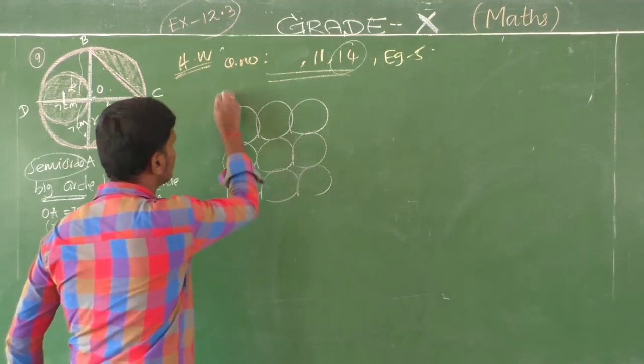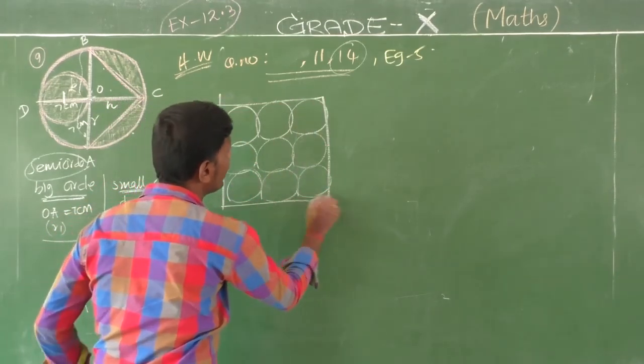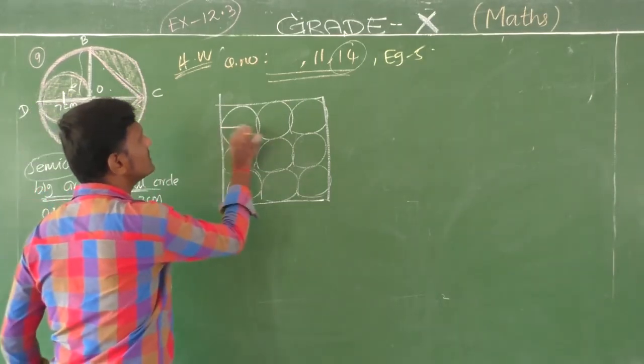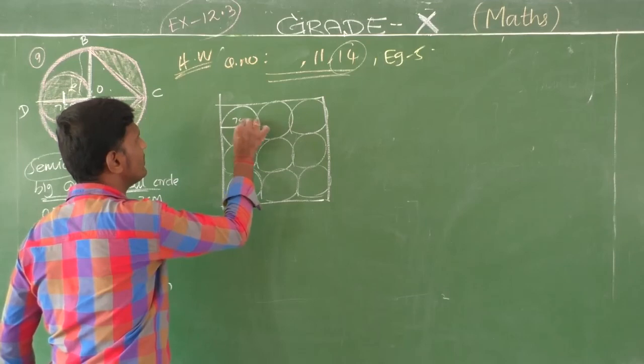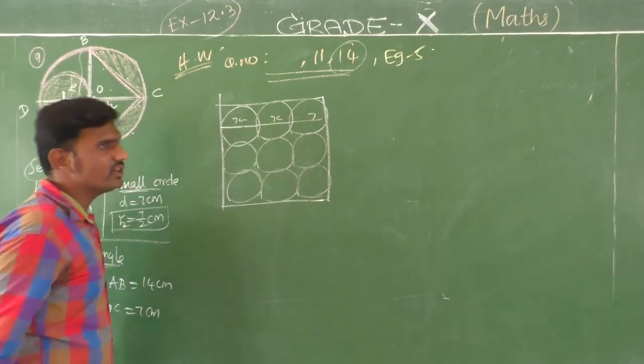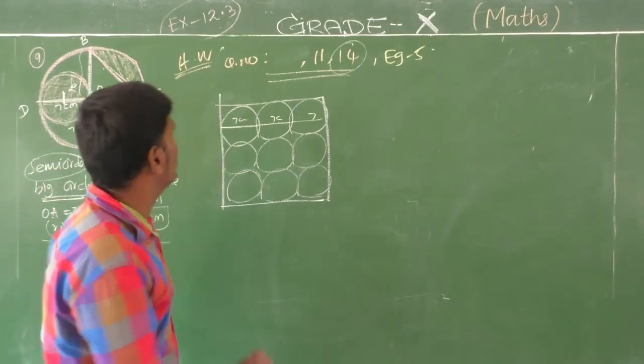Students, this contains one square like this, and each circle has radius 7 cm. Radius is 7 cm, so the diameter is 14.